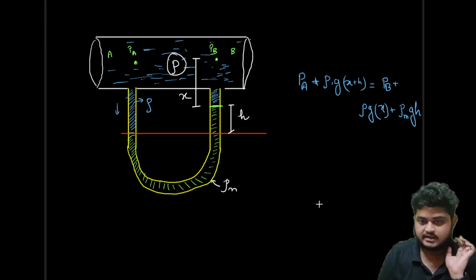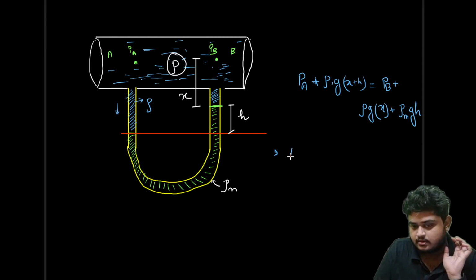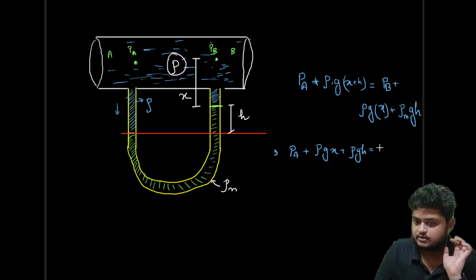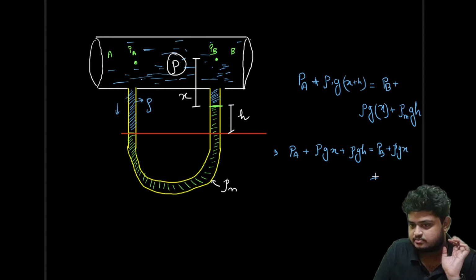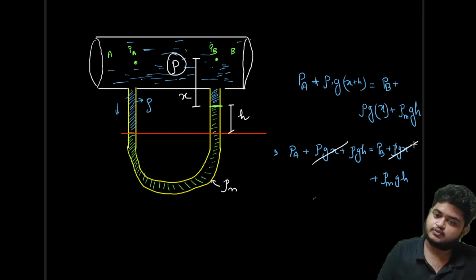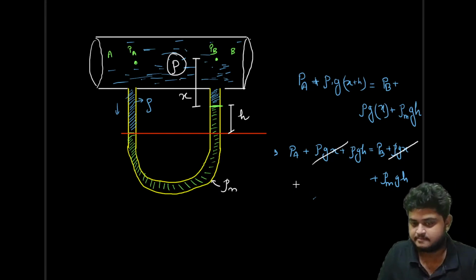Now PA plus rho g x plus rho g h equals PB plus rho g x plus rho m g h. Now rho g x and rho g x will cancel out.